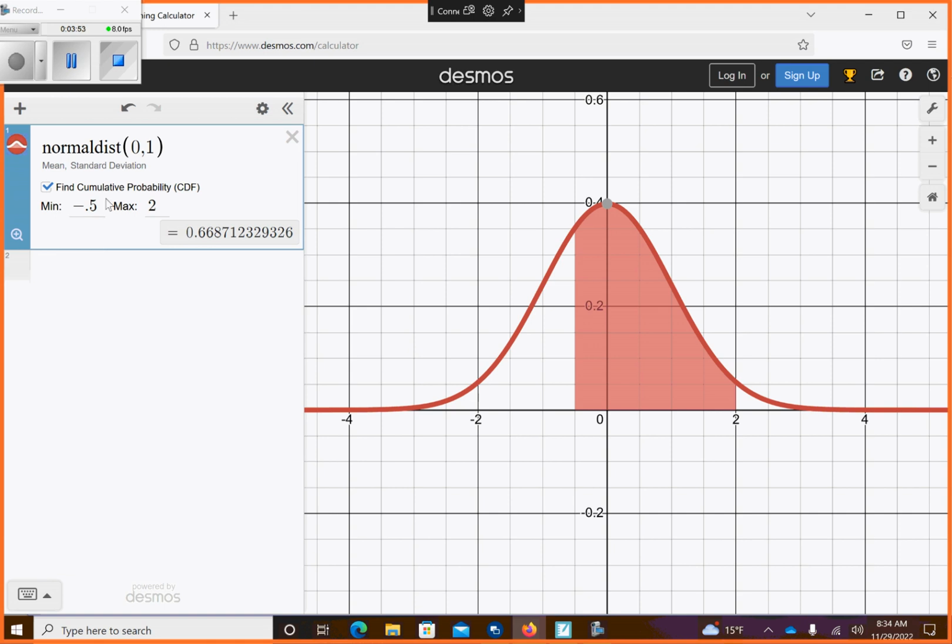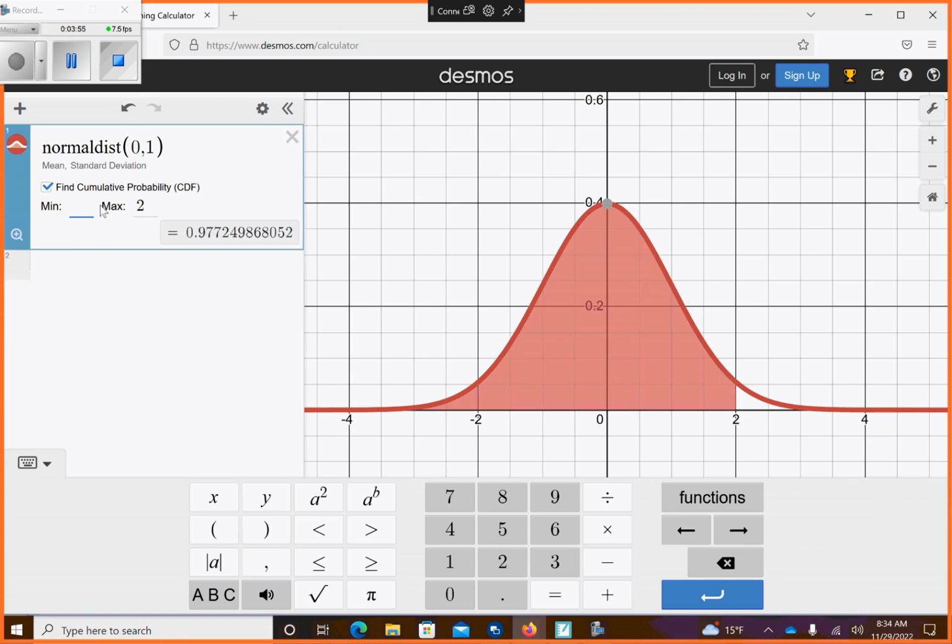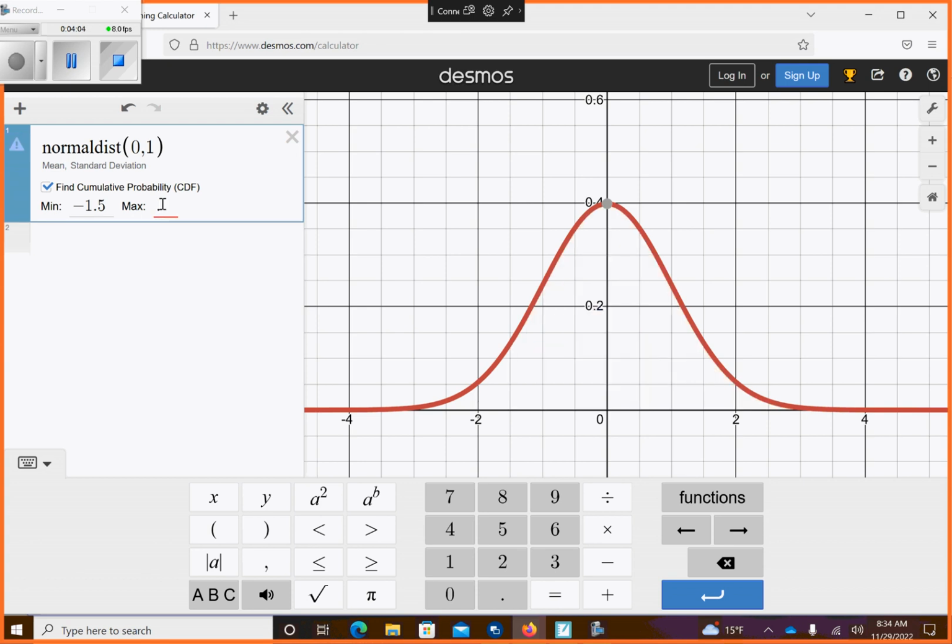And then if I went from negative 1.5 all the way up to negative 0.5, that means that 24.2% would earn a C.